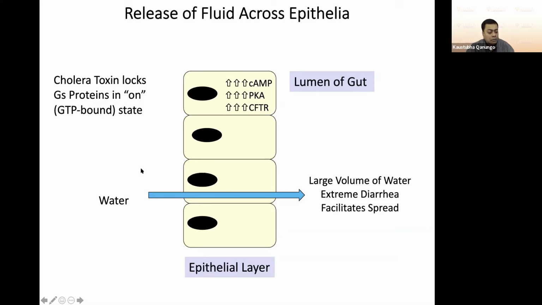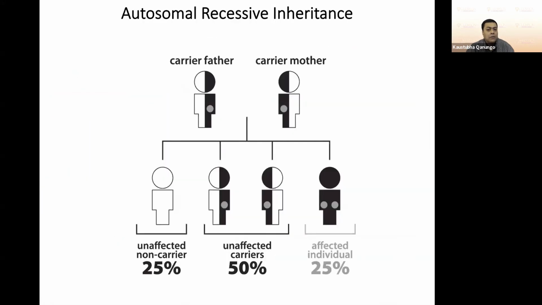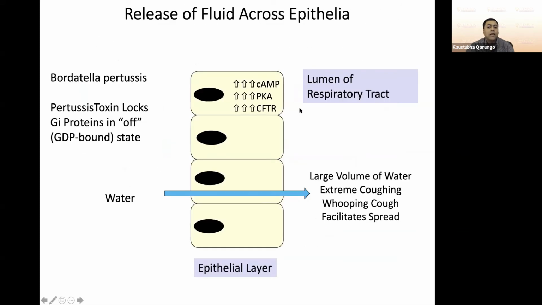On the other hand, if you go to your lung cell or the respiratory tract cell, here the adenylate cyclase, which makes the cAMP, is normally working at its 100% level. So when there is no interaction of anything, no signal, it is working 100%.